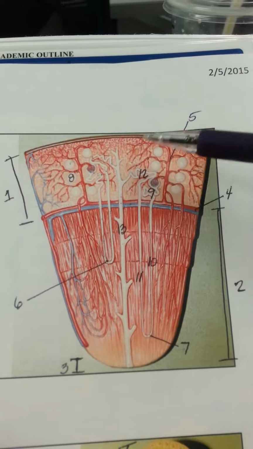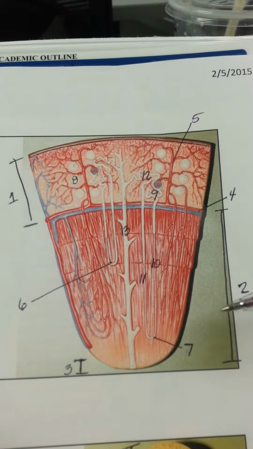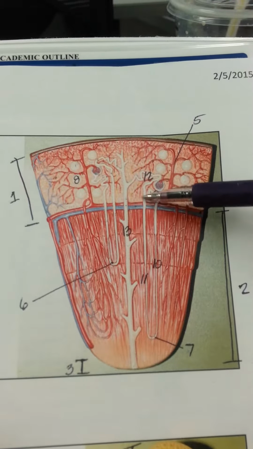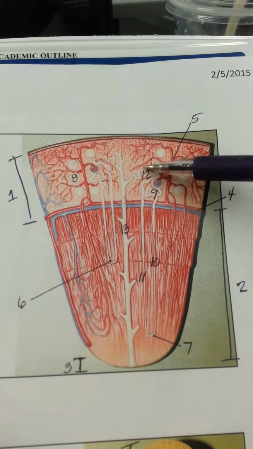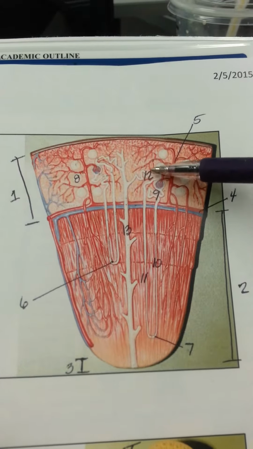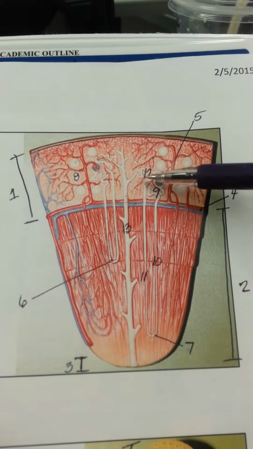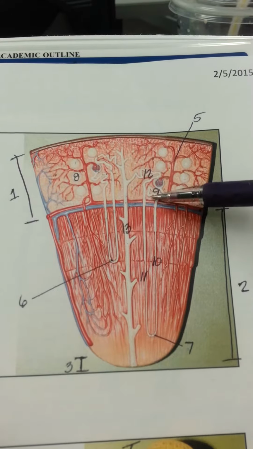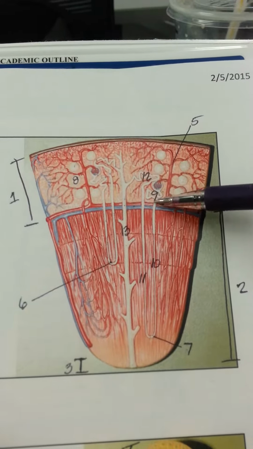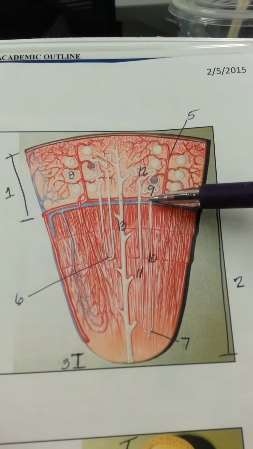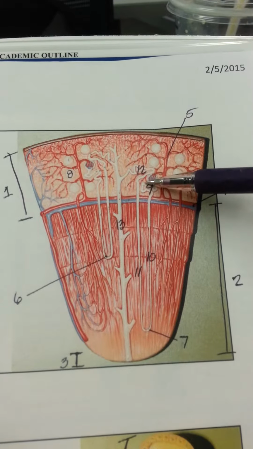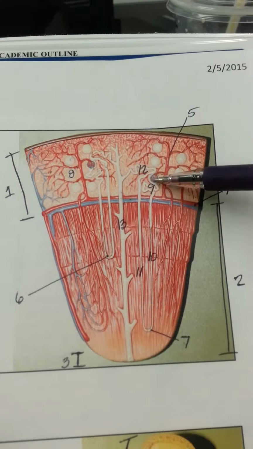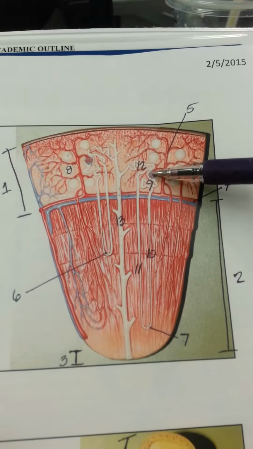Then we go to number 12, up here. The ascending loop of Henle goes up here, and this region right here is called the distal convoluted tubule. Remember, distal convoluted tubule, and this is the proximal convoluted tubule with a renal corpuscle.